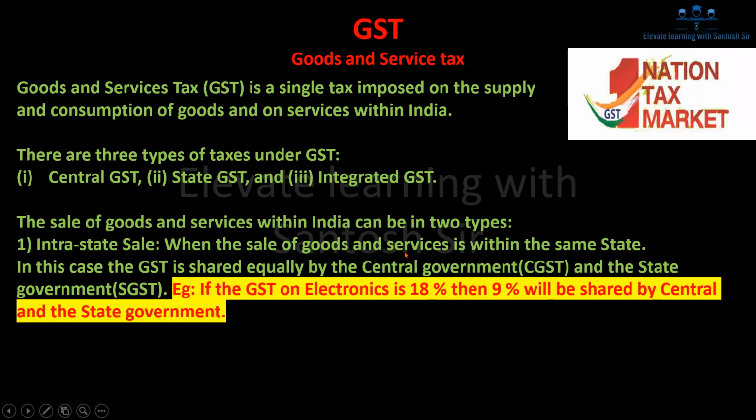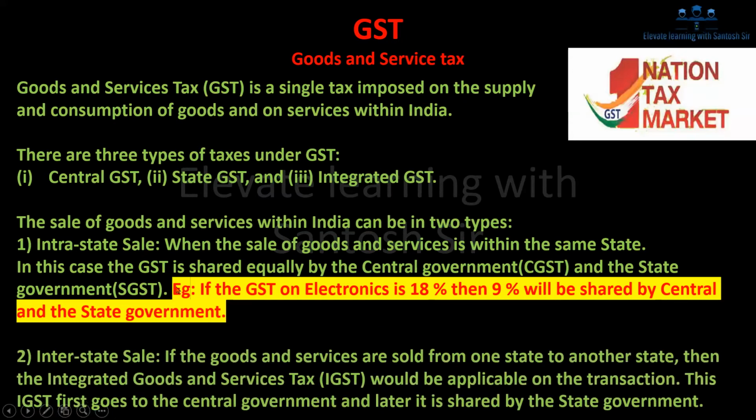When the sale of goods and services is within the same state, GST is shared equally by the central government, that is CGST, and the state government, that is SGST. For example, if you purchase some electronics and 18% GST is charged on it, then 9% will be shared by the central government and 9% by the state government. So both the central as well as state government share the GST equally.